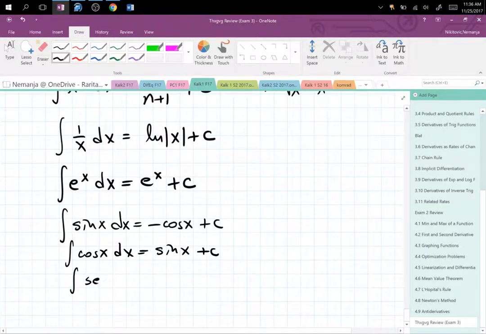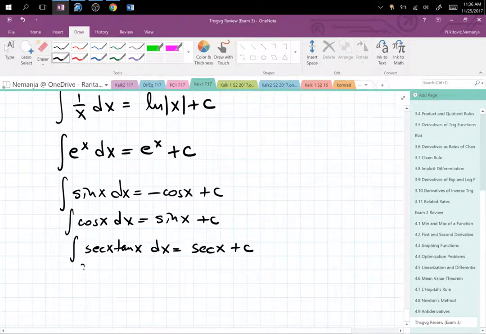Now we have the integral of secant x tangent x dx is equal to secant x plus c. The integral of cosecant x cotangent x dx is equal to negative cosecant x plus c.